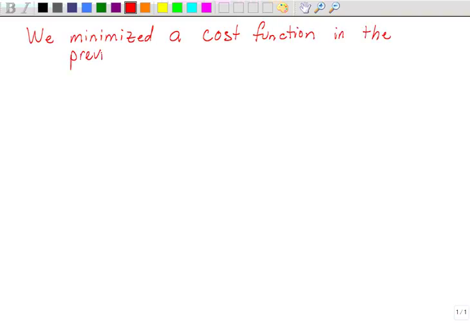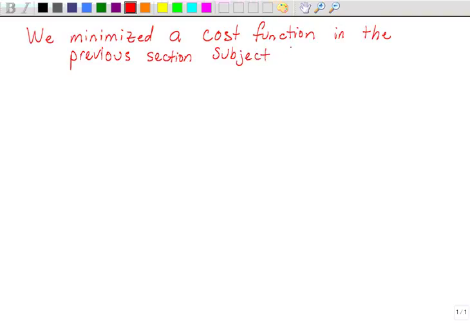Okay, in the previous section, we minimized the cost function. If you look at the sample homework problems, it was subject to a constant volume.